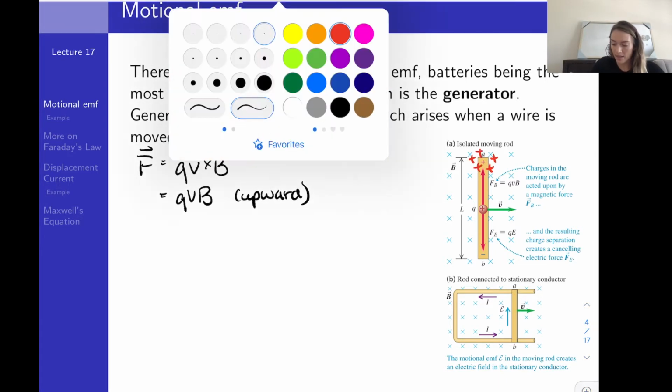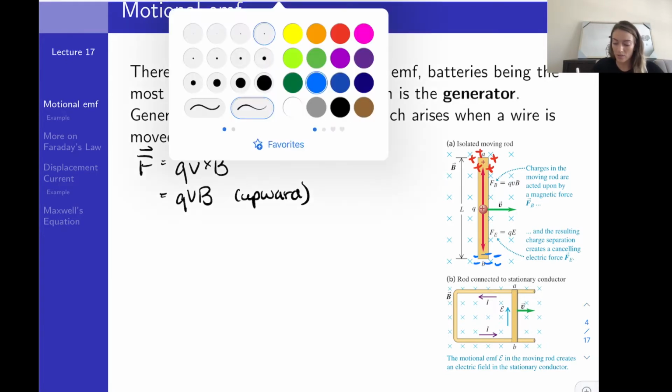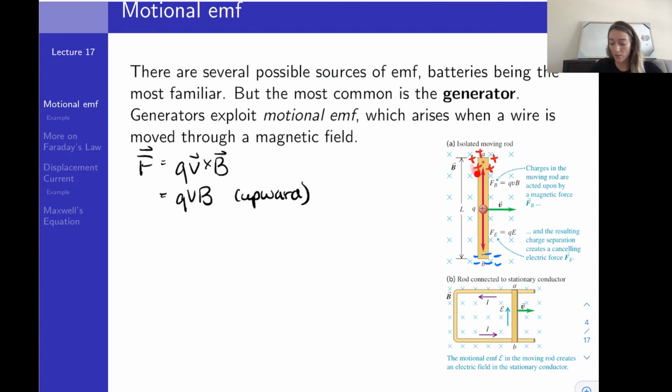And that means that we'll have sort of an induced negative charge on the bottom and a positive charge on the top. And now this will set up an electric field. So now this looks like a capacitor almost, where you have positive charge up here and then some empty space and then negative charges down here.